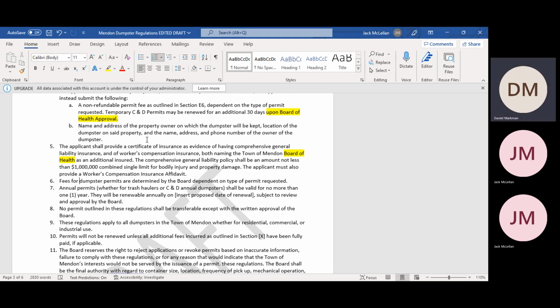That is the sole purpose of the temporary permit, to account for incredibly small businesses with limited customer bases. And that has a certain timeline to it.